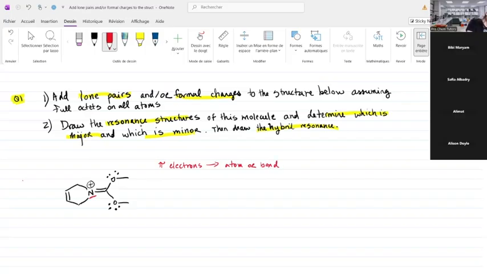Or you can also start by electron pairs, and you can send the electron pairs to a bond. So in this case, we want to bring the electron to the nitrogen that is positively charged, and we have a double bond here. So what we're going to do is take those electrons from the pi bond and bring it to the nitrogen. So if we draw this first resonance structure, it gives us something like this.